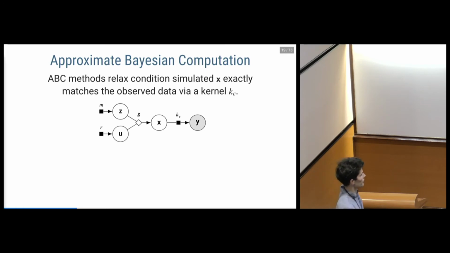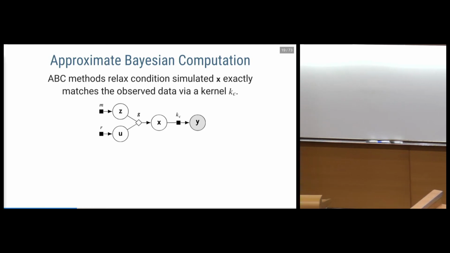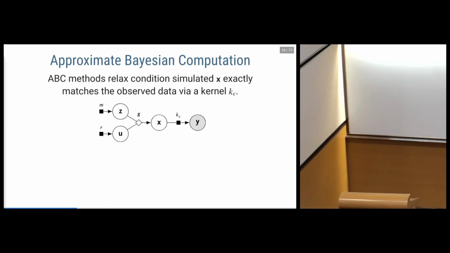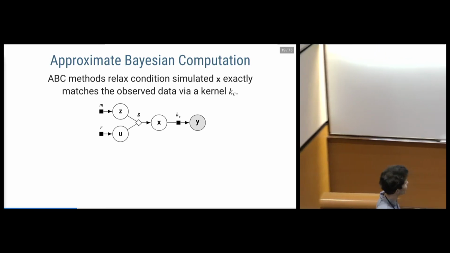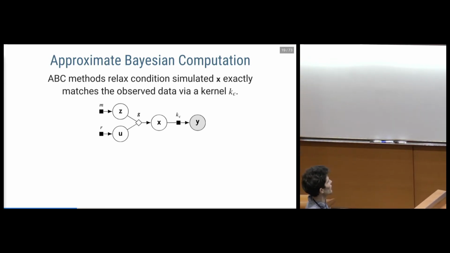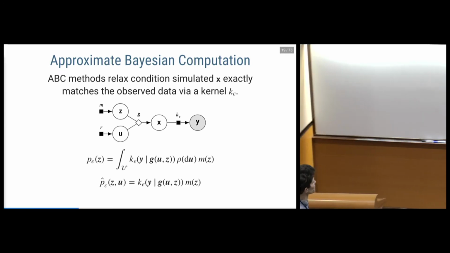We can either think of this as some sort of noise process in our model, or just explicitly as some sort of heuristic we're introducing to allow for a finite tolerance in distance between the real data and simulated data.